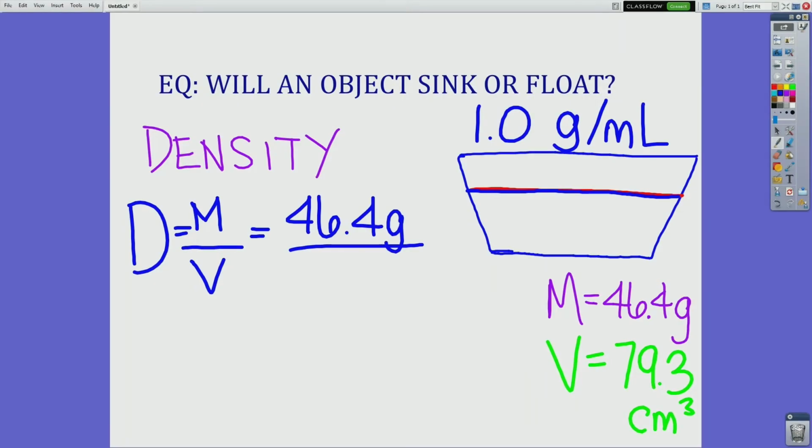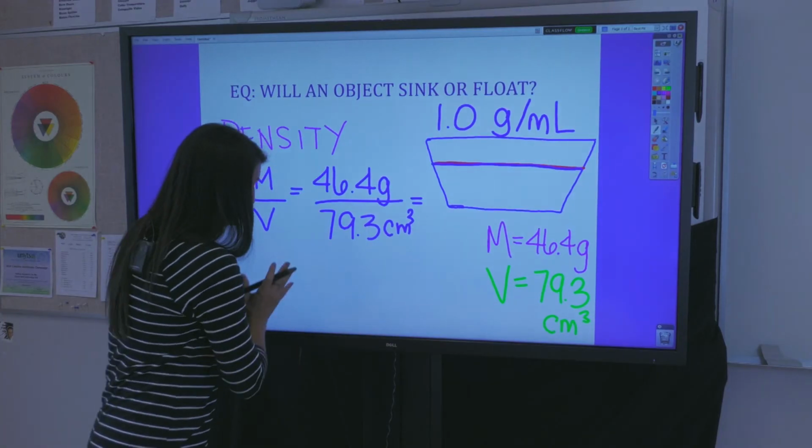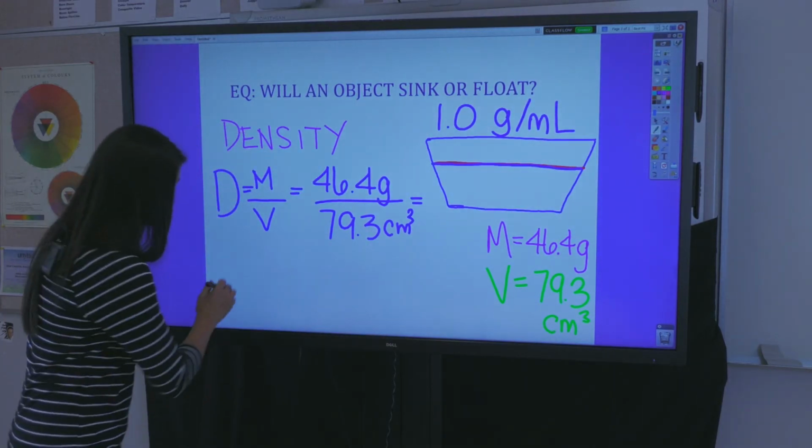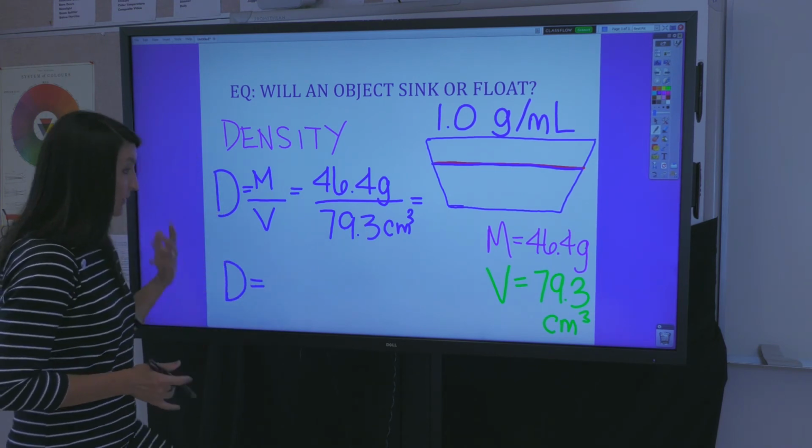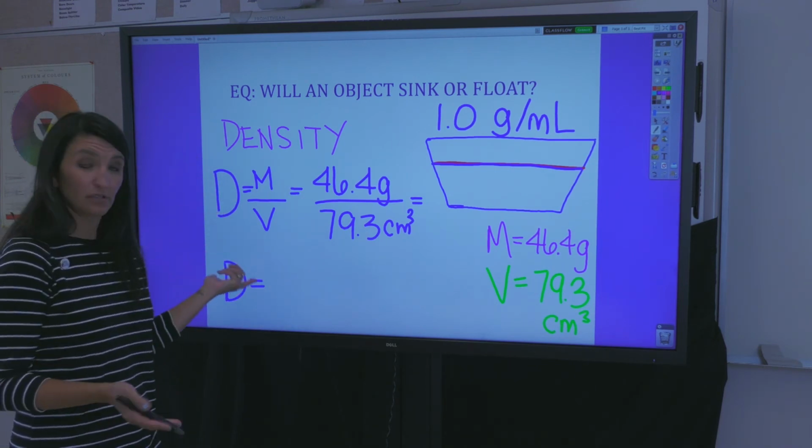I'm going to take my volume, and I'm going to substitute it in down here, right where volume goes. So we'll take our 79.3 centimeters cubed, and we're going to put an equal sign. You might not be running out of space, but I kind of am, so I'm going to move my answer down here. And I'm going to rewrite my D so I remember I'm looking to solve for density here.